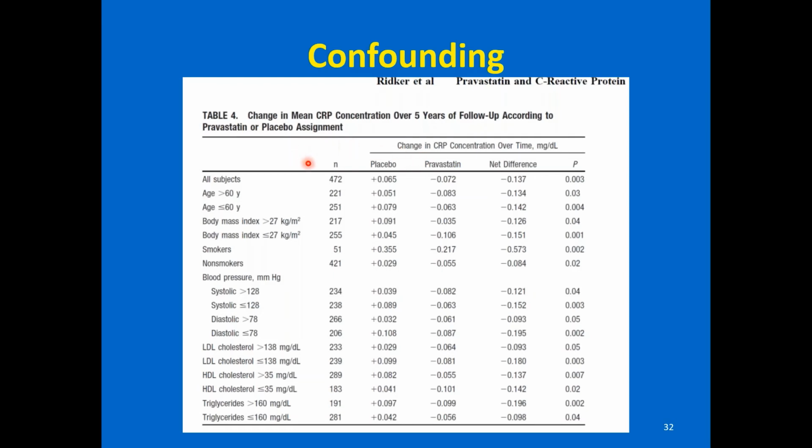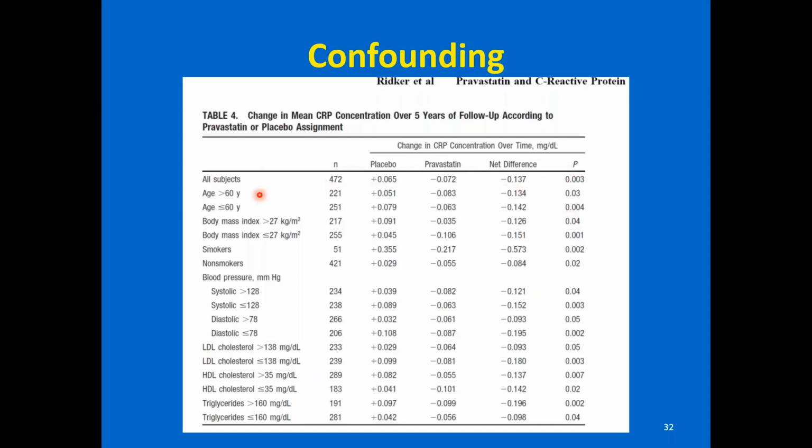Let's take a look at the anatomy of the table. The first column includes all the variables and the number of subjects included in that specific analysis, and then the change in CRP concentration over time using liter units. You have the placebo, then pravastatin, then the net difference between the two, and the p-value for the difference.